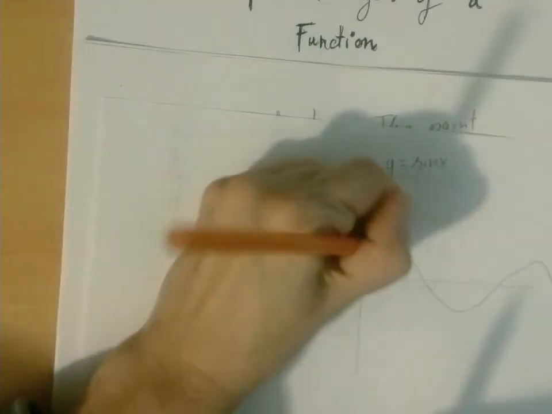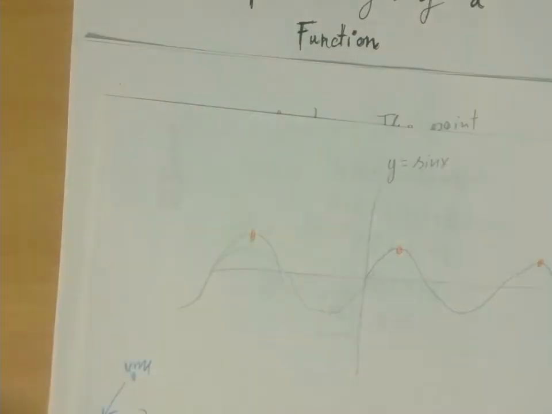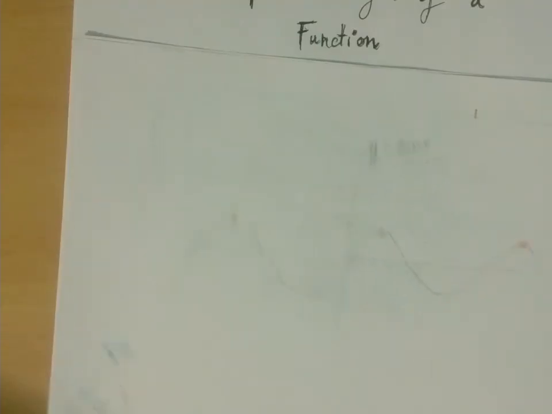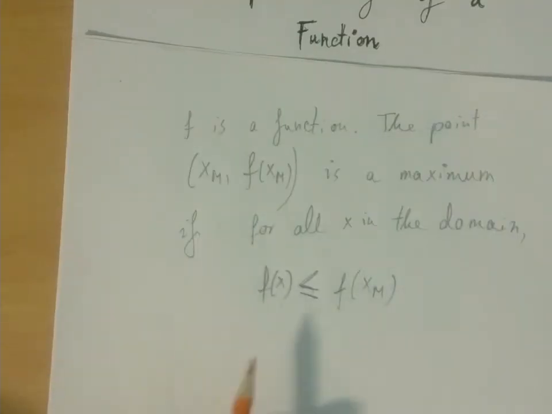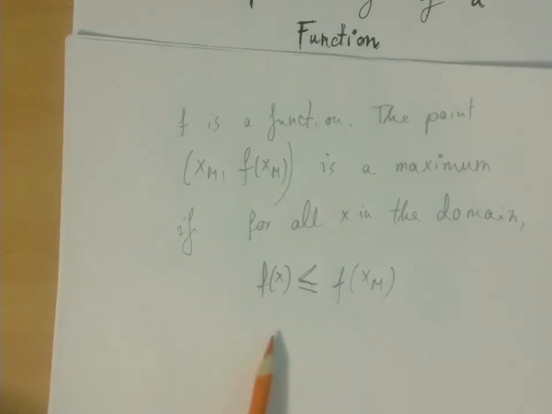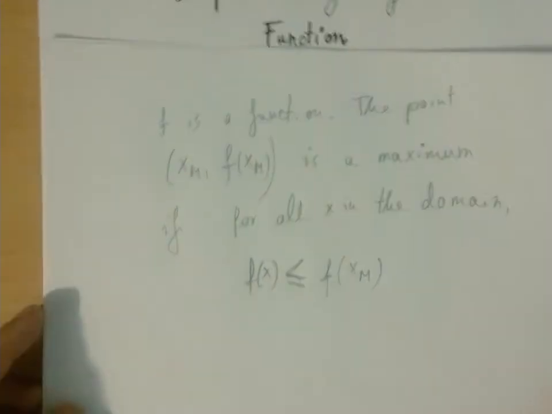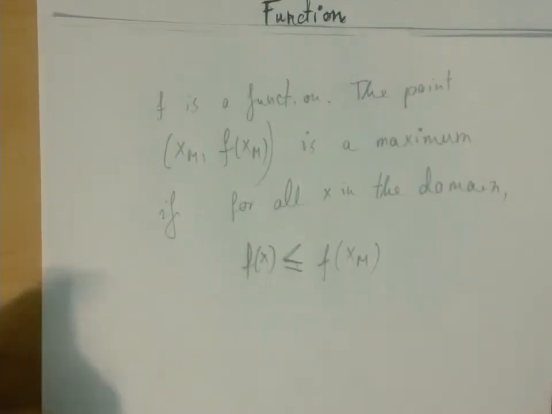Because our definition allowed equality, that means that wherever sine takes 1, those are all maximums. So you can have more than one maximum point, as long as the other point's y coordinate is equal or less. So nobody is higher. So that's the algebraic description of a maximum.